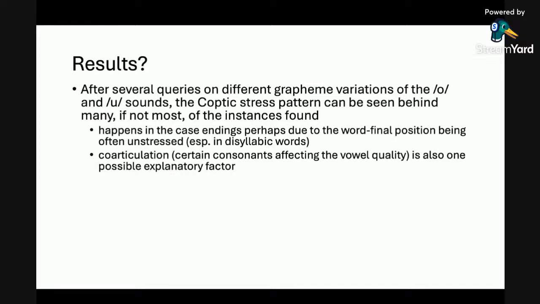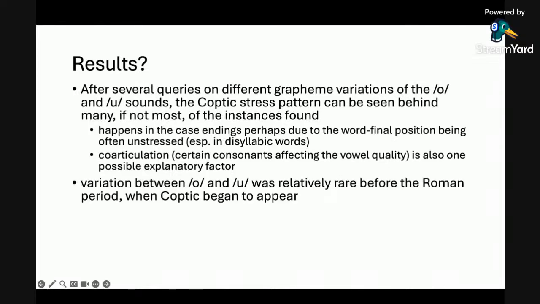There's also something called co-articulation, the consonants affecting vowel quality, that can also be an explanatory factor. So there are actually very many dimensions in this that can explain, and that's often of course the case in linguistic questions.